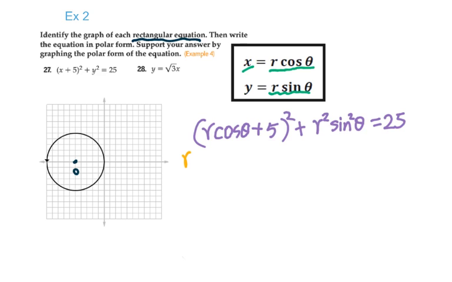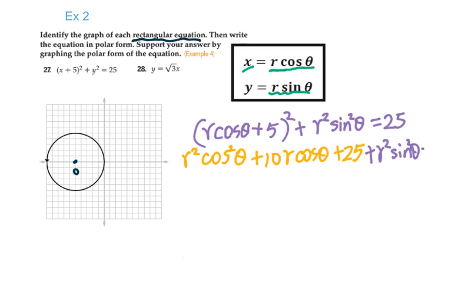We get r squared cosine squared theta plus 10 r cosine theta plus 25, then plus r squared sine squared theta equals 25.